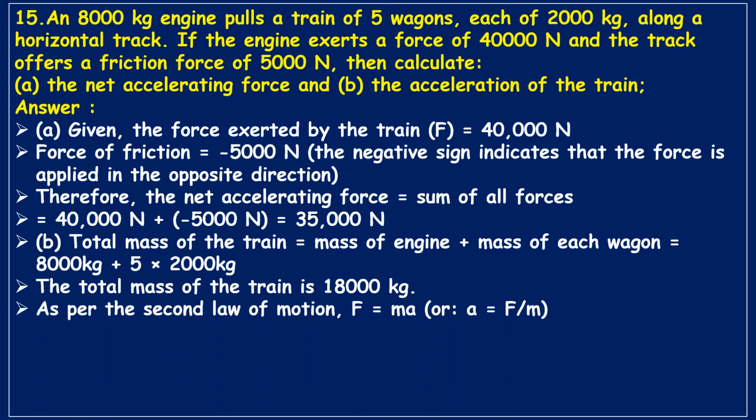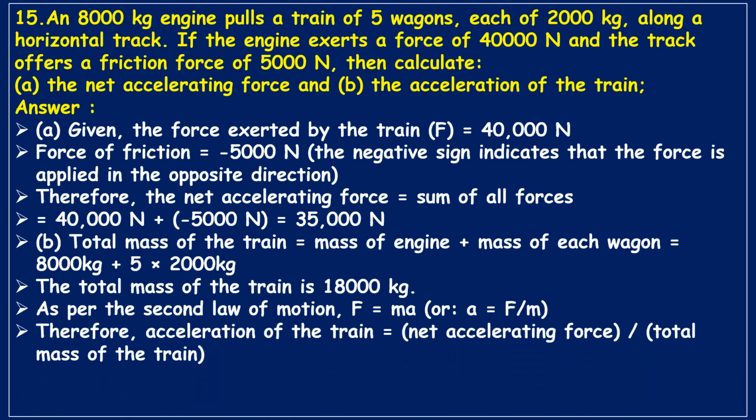As per the second law of motion, here the mass is given and the force acting on it is also given. So we have to calculate acceleration from the second law of motion, that is F equal to ma. Acceleration is equal to force upon mass.